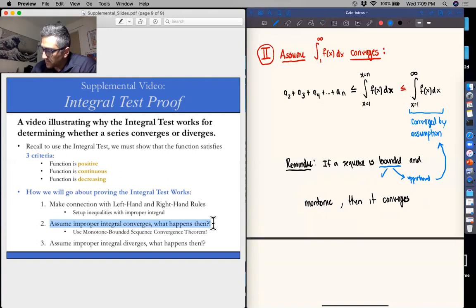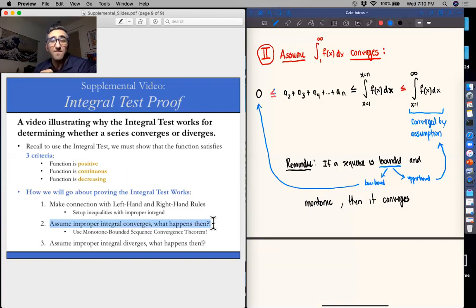The lower bound, we're going to get help with, because we know that this function f of x that we're thinking about, what we assumed was that it was continuous, it was decreasing, but also that it was positive. And because it's positive, this sum that we're thinking about has to be greater than or equal to 0. So this lower bound we're basically getting for free, just based on properties of that function f of x.